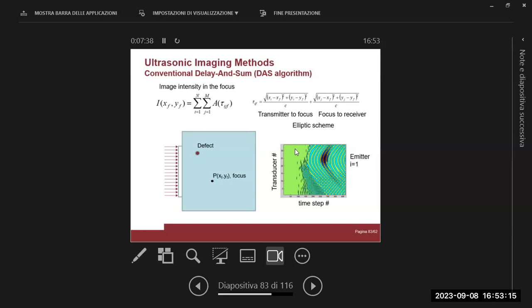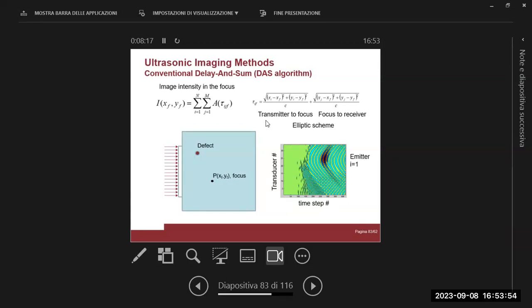They pick up the amplitude of the time history at the precise time, which is calculated like that, which is in practice the sum of the distance traveled by a wave launched by a given transducer, from the given transducer to the focus, and from the focus to all the other transducers.